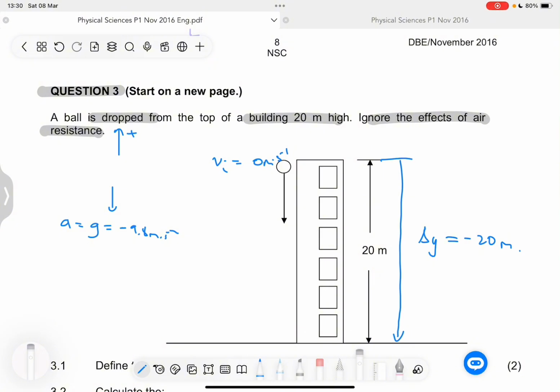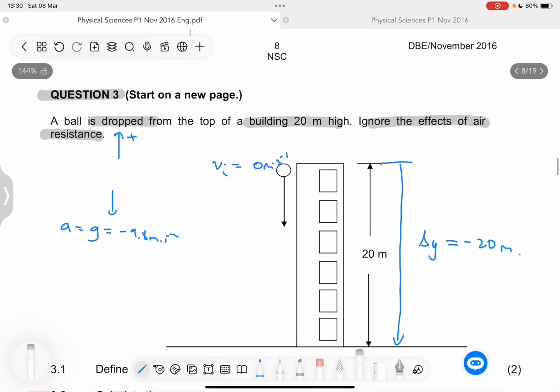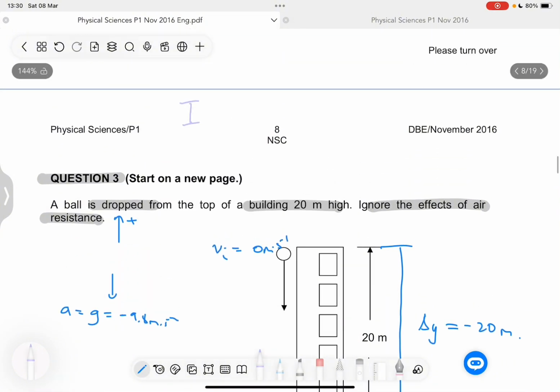Now, I'm done with interpreting my problem. What I will do at this stage is that I will classify this problem as a problem that requires the use and the knowledge of a vertical projectile motion. That means we're going to use equations of VPM to solve any calculations, and we might be required as well to draw graphs, vertical projectile motion graphs, because we already did that as well.